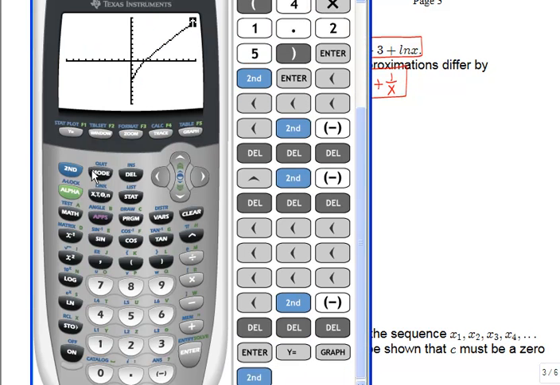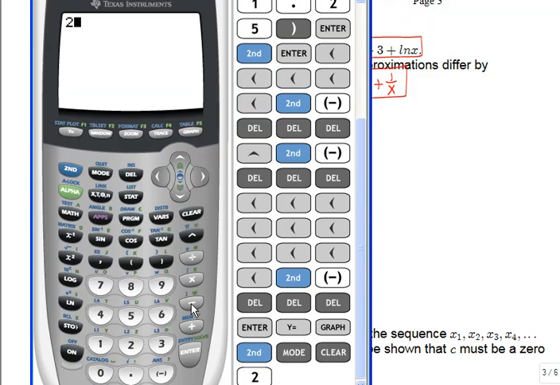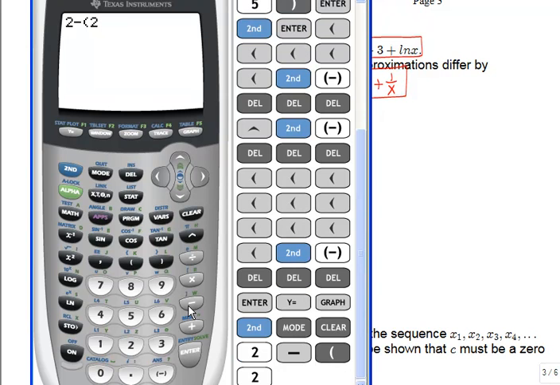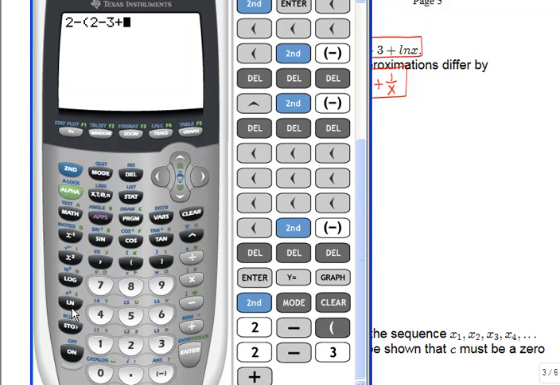So I'll go back to my home screen. Let me clear some of this stuff out. What we want is that first guess 2 minus parentheses for that numerator, 2 minus 3 plus ln of 2.